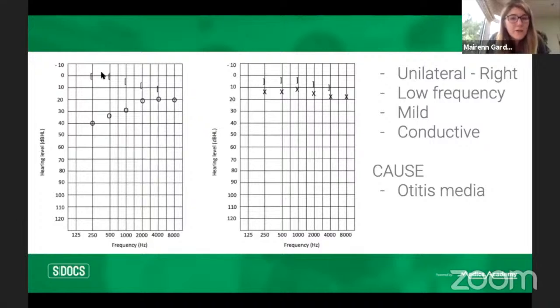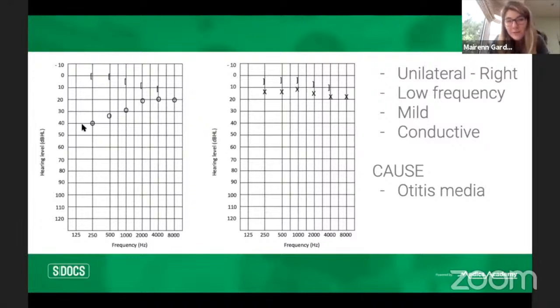So this means that their bone conduction should be normal because there's no problem with the inner ear. And this is how you differentiate. So this will be conductive because there is a difference between your bone and air conduction.